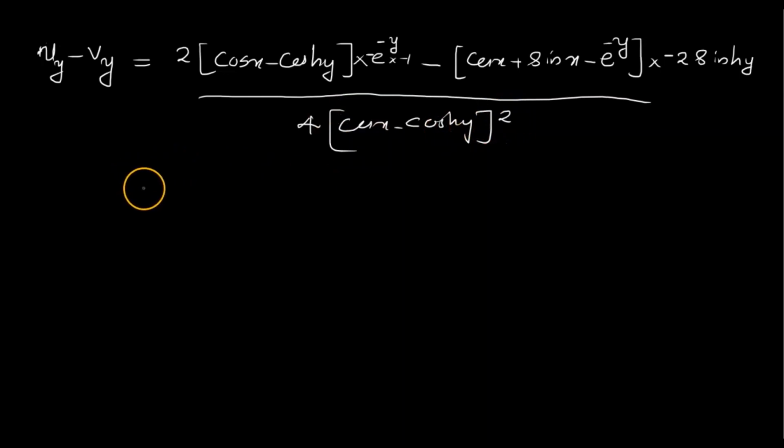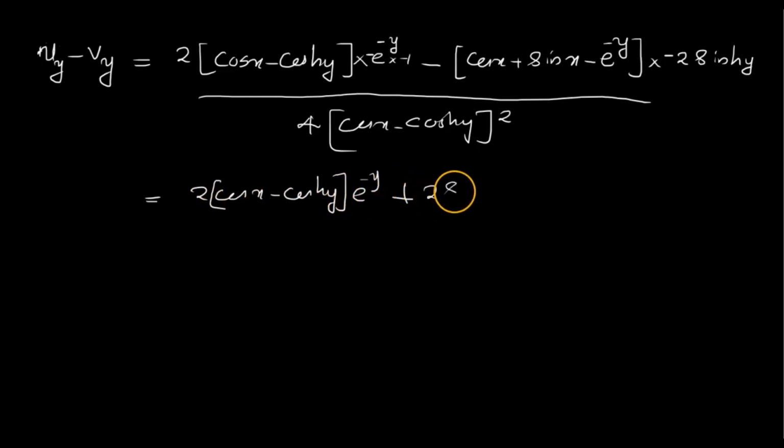So we get uy minus vy as 2 (cos x minus cosh y), e raised to minus y plus 2 sinh y. Also we can cancel this 2 from numerator and denominator.